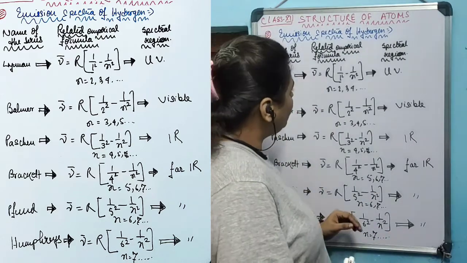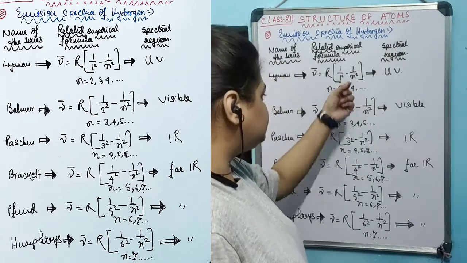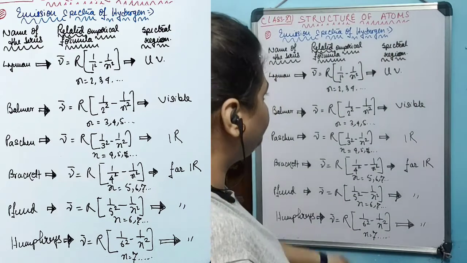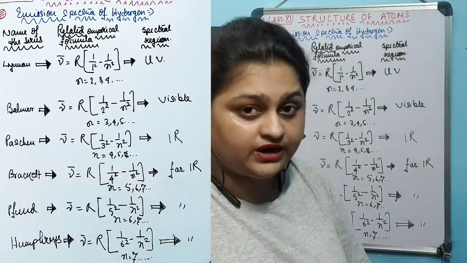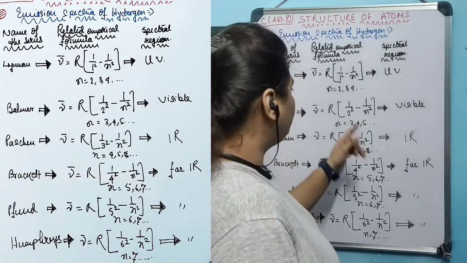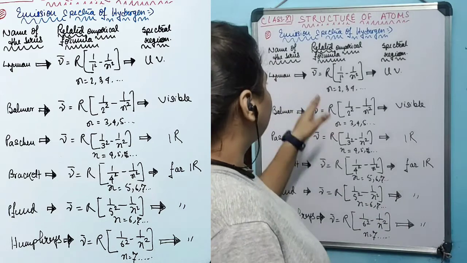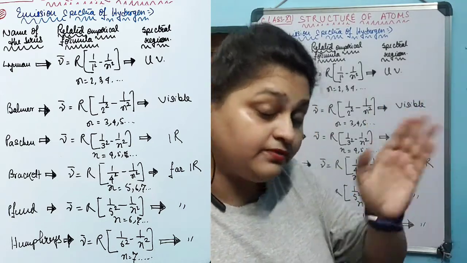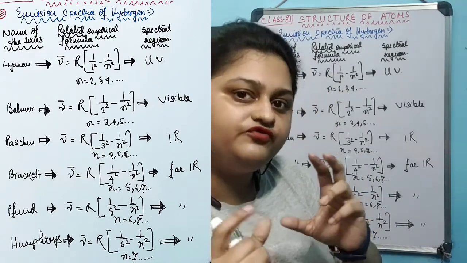nu bar equals R into 1 by 1 square minus 1 by n square. Now n is an integer value: 2, 3, 4 and so on. If you put 2 in the place of n, the equation becomes nu bar equals R into 1 by 1 square minus 1 by 2 square, and it will give a value.